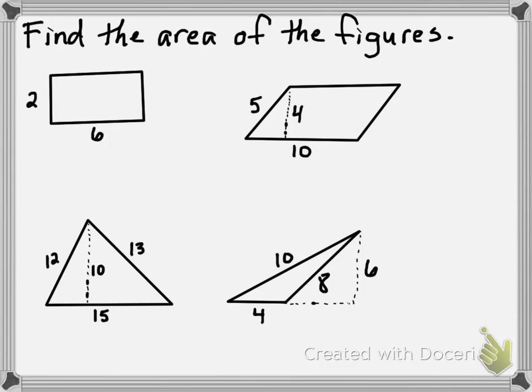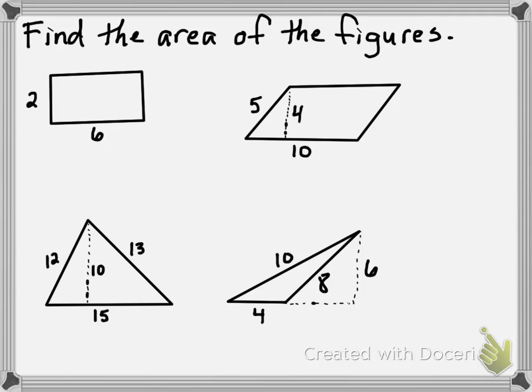I've given you all the dimensions that you need and some extras that you don't need. So you need to make sure that you follow the formulas and calculate the areas for each one, and then we'll look at them together.